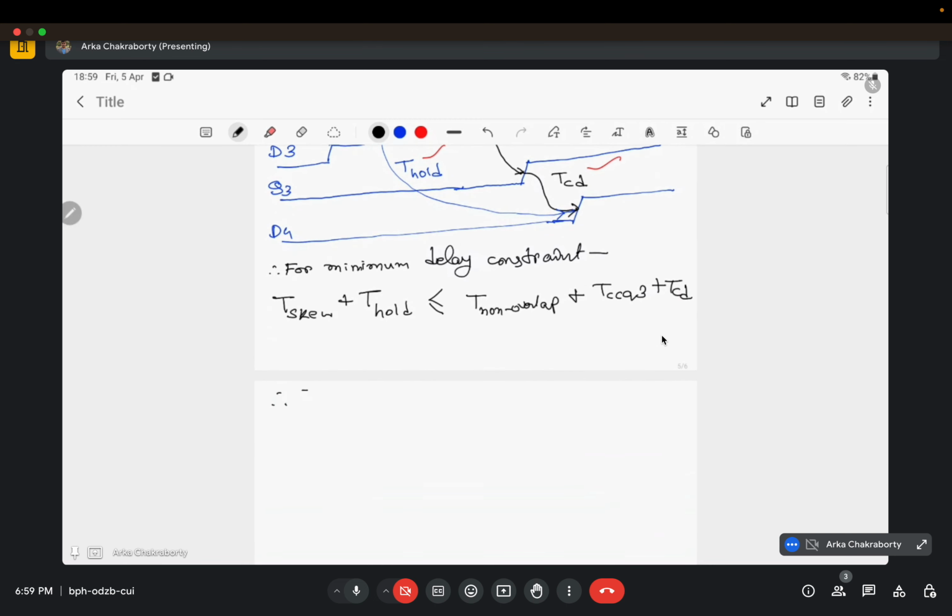Therefore T hold is less than equal to TCD minus, I'm just writing in the format it has been mentioned in the answer, minus T skew plus TCCQ plus T non-overlap. So this is the correct answer.